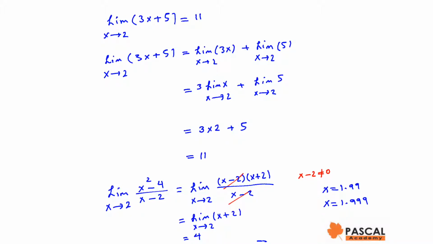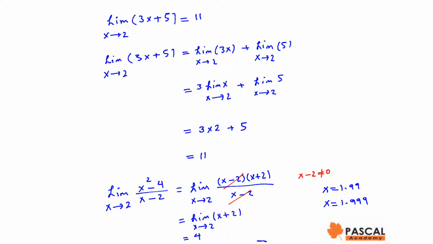In our previous lessons, we talked about one important theorem. The limit of f of x as x approaches a exists if and only if both the right side and the left side limit of f of x as x approaches a exist and they are equal.